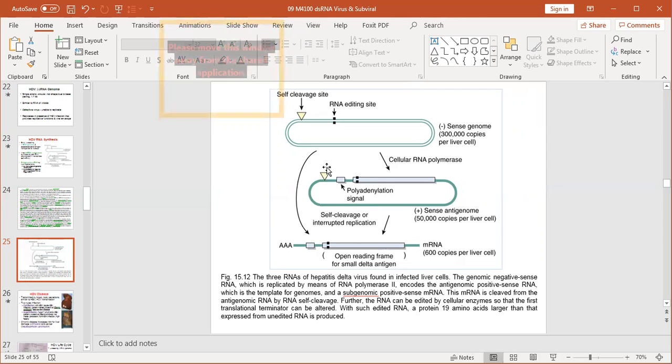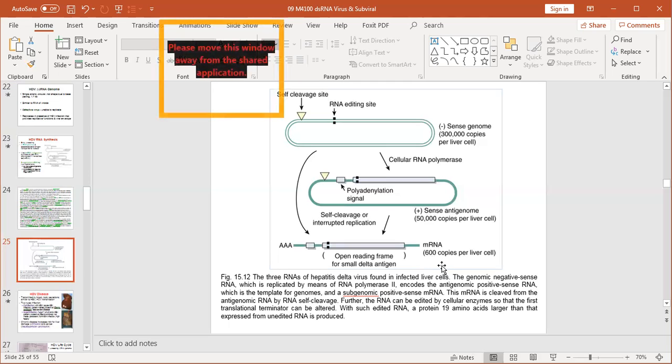At the self-cleavage site, we will end up with a messenger RNA that has one open reading frame that codes for small delta antigen. The number of this last messenger RNA is very low per liver cell, whereas the negative sense genome has the highest number and the positive sense has the middle range. Negative sense 300,000, positive sense 50,000, and the mRNA 600 copies only.